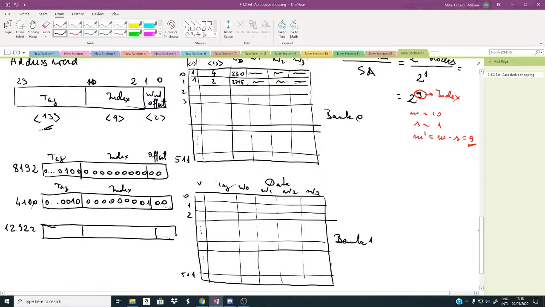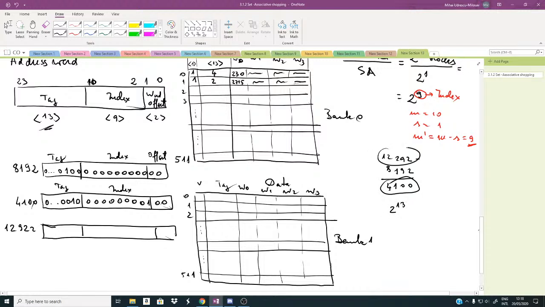So 12,292, when we subtract 8,192, we have 0, 0, 1, and 4. And we know already this guy. So it's 2 to the power 13.